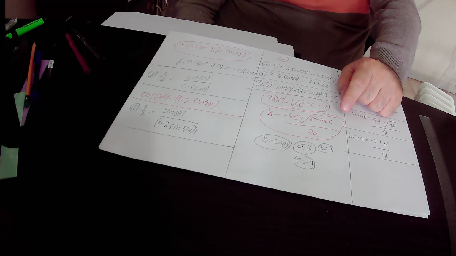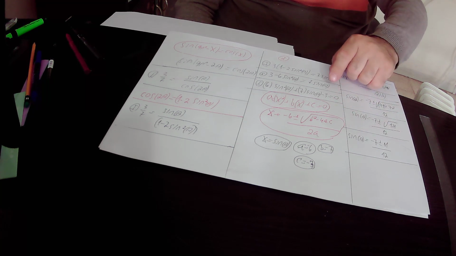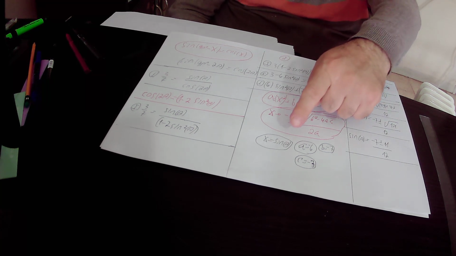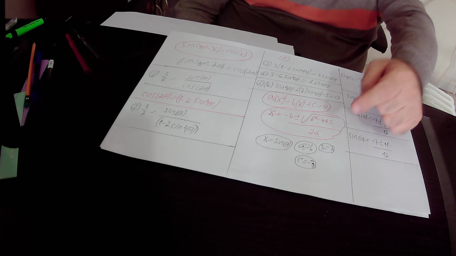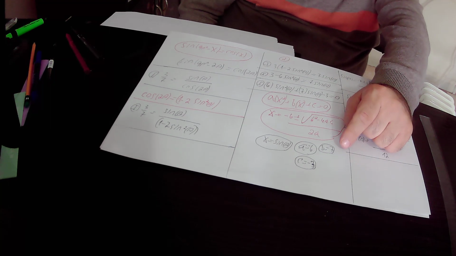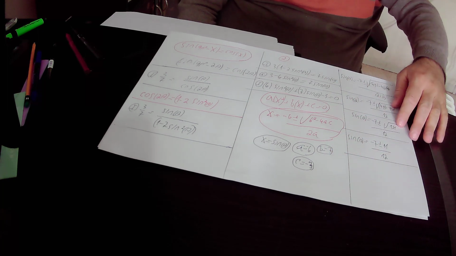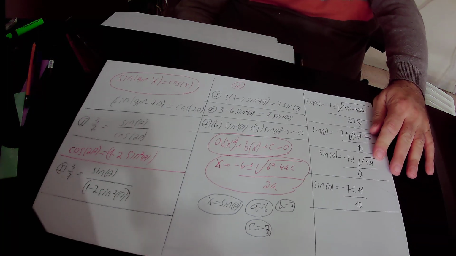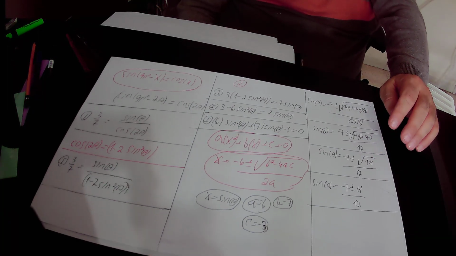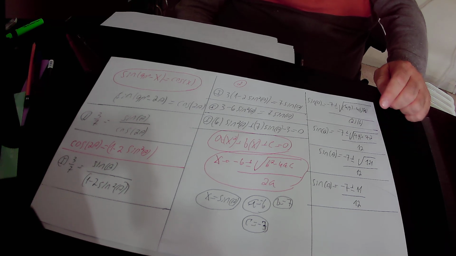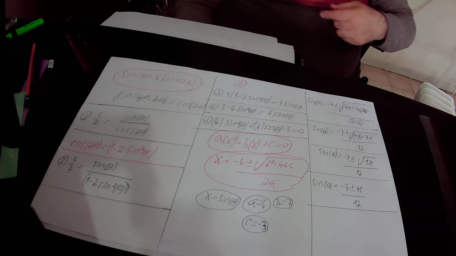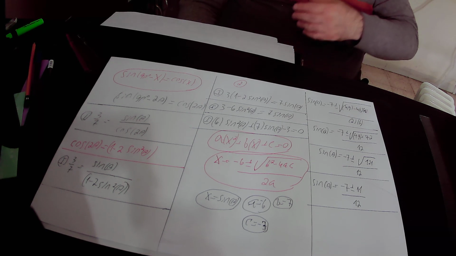The variable that we are looking for in our specific quadratic equation is sine theta, so x equals sine theta, the coefficient a equals 6, the coefficient b equals 7, and the coefficient c equals minus 3. We put the data inside the equation for x, and we found the value of sine theta.